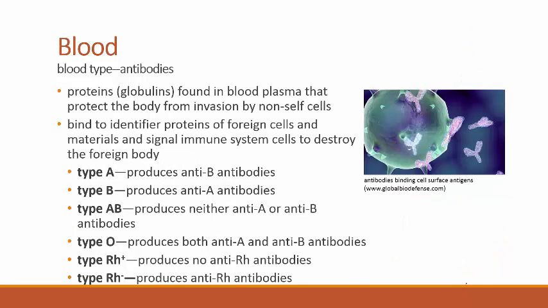Also in the blood, we have the red blood cells, but also found in the plasma, and so not on the red blood cell surfaces at all, we find proteins. They're the globulins in the blood plasma, and they are there and prepared to take out any foreign cells that don't belong, or to assist in taking out any foreign cells that don't belong in the body.